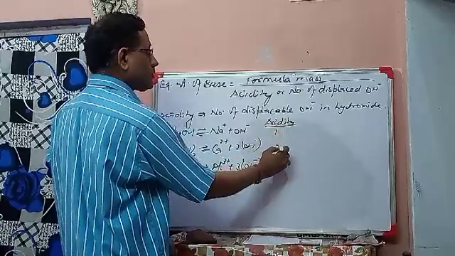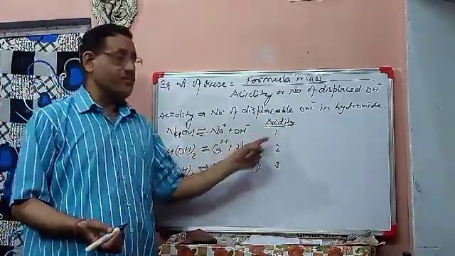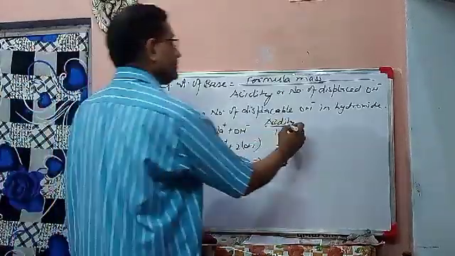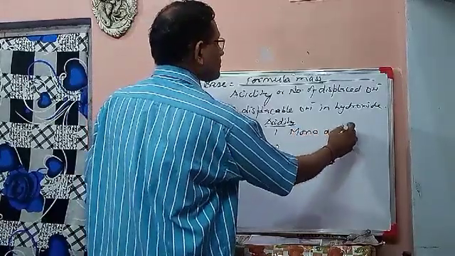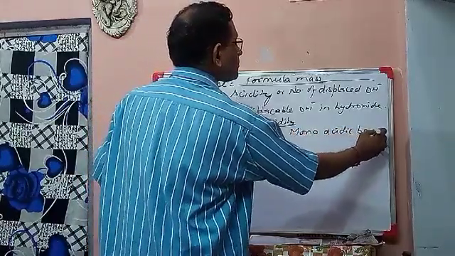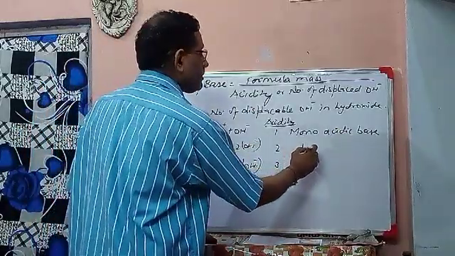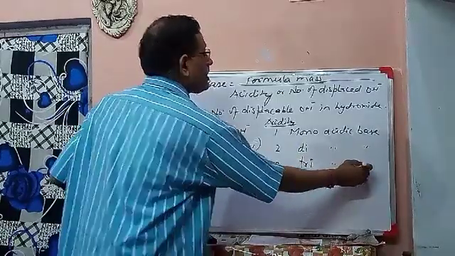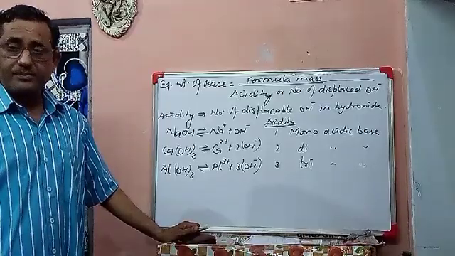Bases for which acidity is 1 are called monoacidic bases. In the same way, these are diacidic bases and triacidic bases. Clear?